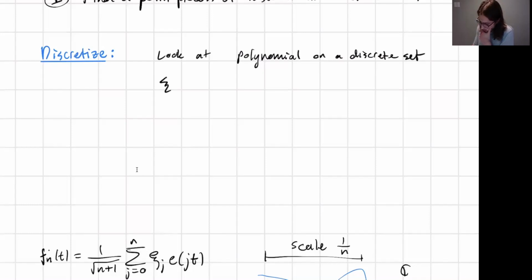I'll label these points t_alpha, alpha equals 1 to N. These will be evenly distributed. So we're cutting the circle up into capital N many arcs, with capital N going to be, it turned out we want it to be almost like little n squared.